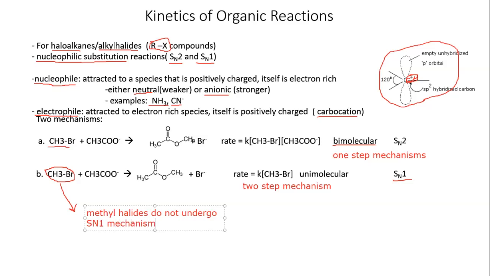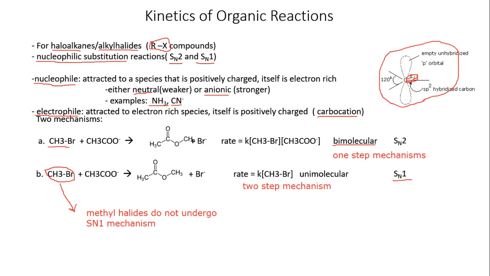The reason, as we'll get into a little bit, is that with methyl halides, so a methyl group attached to a halogen, the carbocation is unstable. It won't form a carbocation, so therefore you won't get what's referred to as the intermediate. So methyl halides do not undergo the SN1 mechanism, which is a two-step mechanism.